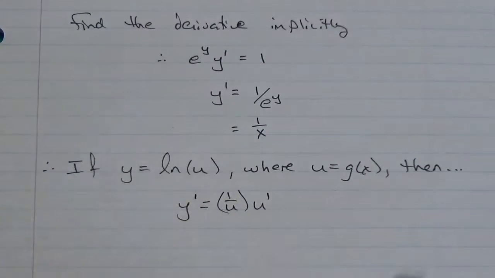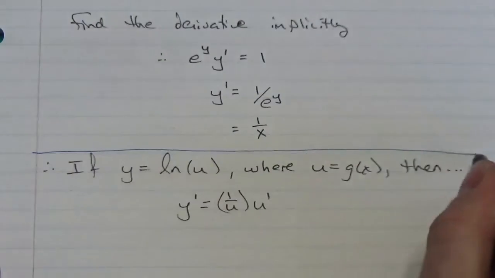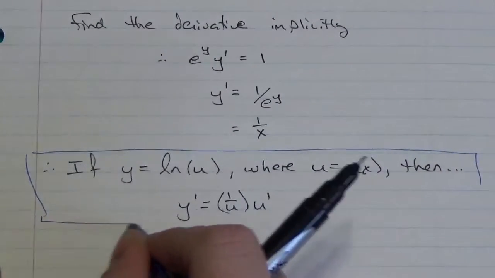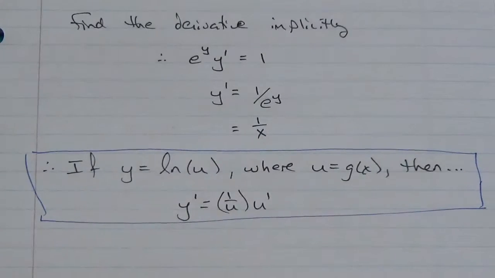And there it is. There is our rule for taking the derivative of the natural logarithm. So now let's take a look at some examples of how to apply that.